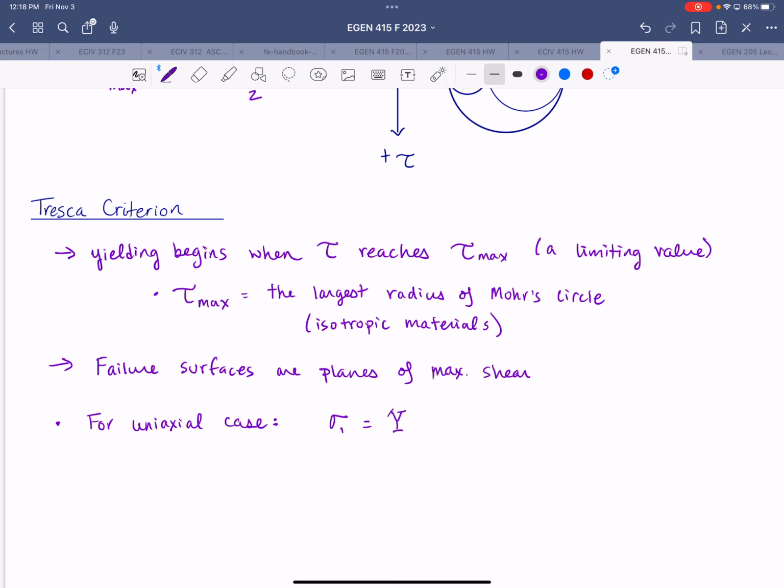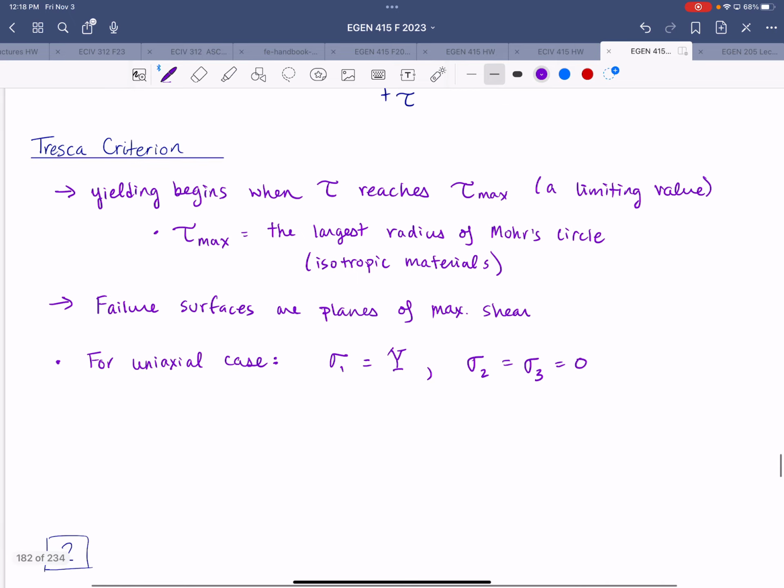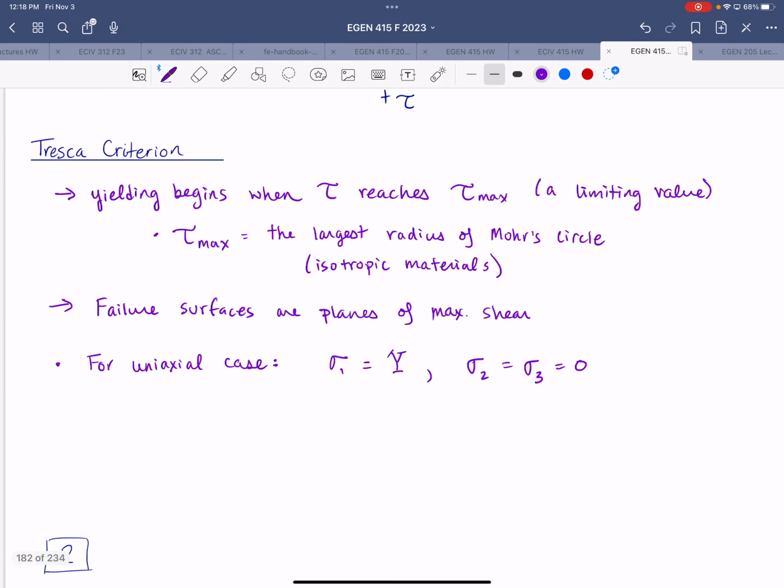So your only principal stress, you would set that equal to the limiting value, the yield stress. The other two principal stresses would be 0. So that means that Mohr's circle, the radius would be half of the maximum principal stress. So tau max is equal to 0.5 times the yield stress.